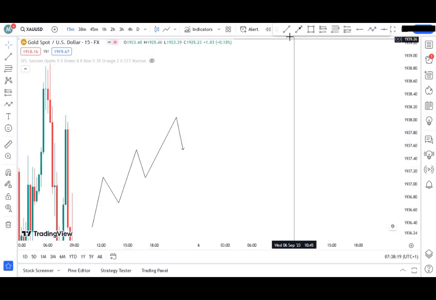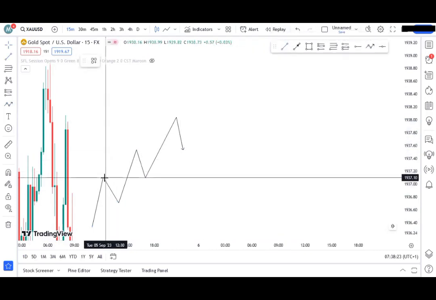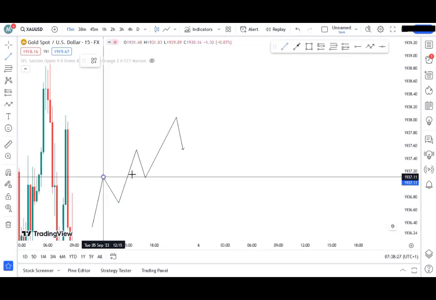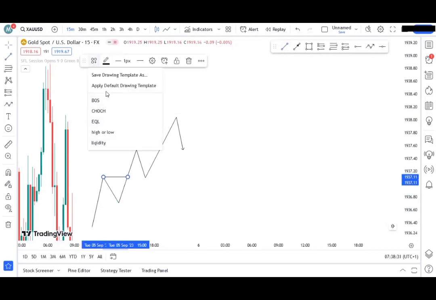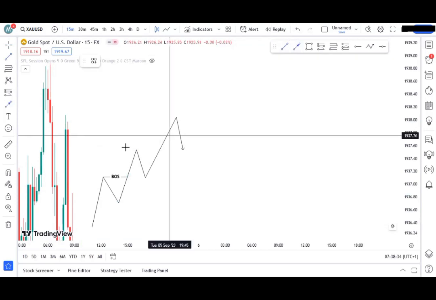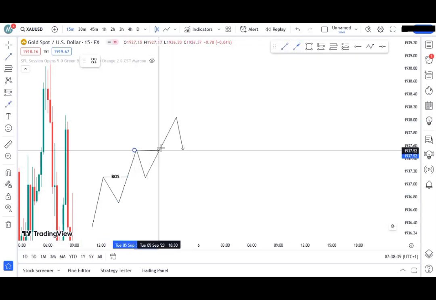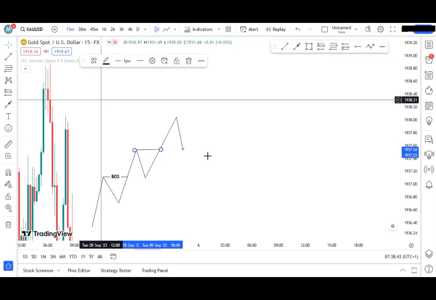In the market sense, right here, this particular point here will be your break of structure. And the same thing as break of structure.